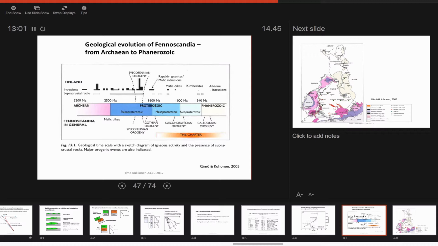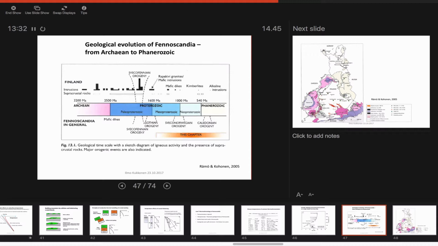Then we have the Proterozoic time, which resulted in the Svecofennian orogeny and mafic intrusions. When the orogeny was over, there was an important period of so-called anorogenic rapakivi magmatism. And when all these major events were over, we speak of the later Mesoproterozoic, Neoproterozoic, and the Phanerozoic evolution.